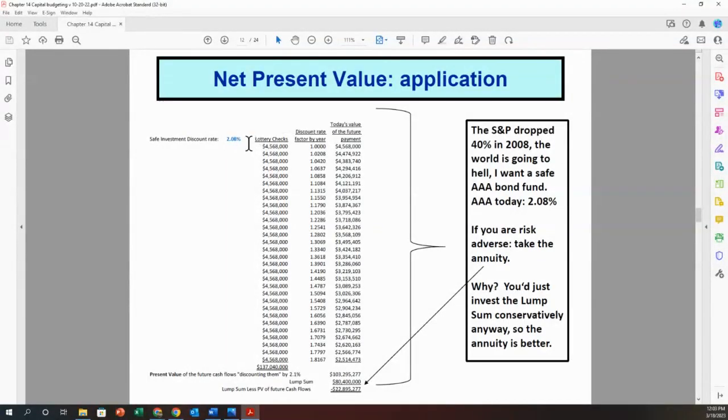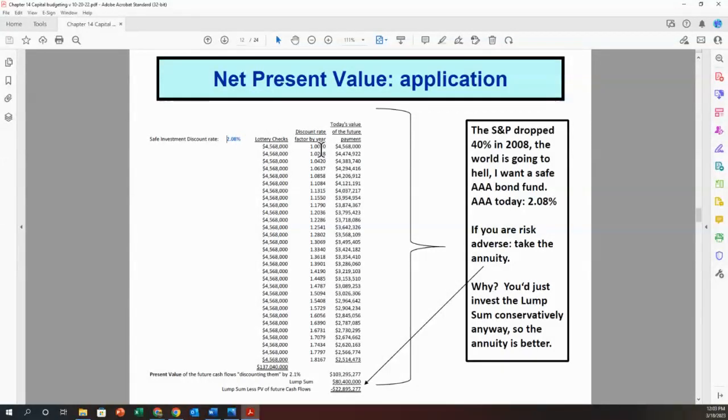There's some really safe treasury bills, long-term treasury bills. I don't play in the market. I just put my money in CDs and stuff that's really safe. So then my discount rate is 2%.